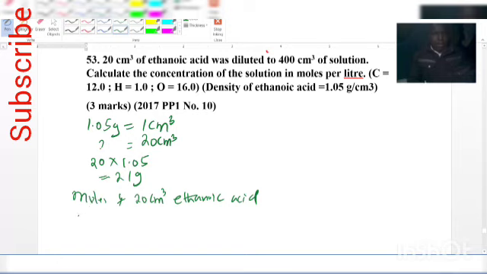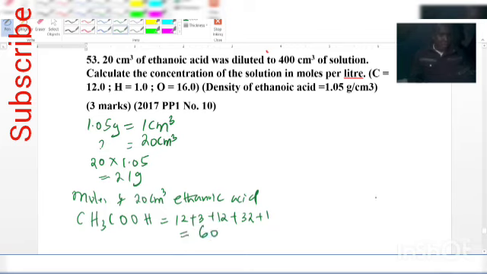Moles of 20 centimeters cube ethanoic acid. First we need to know how ethanoic acid is written. Ethanoic acid is CH3COOH. So we add 12 plus 3 plus 12 plus 32 plus 1, and this will give us 60.